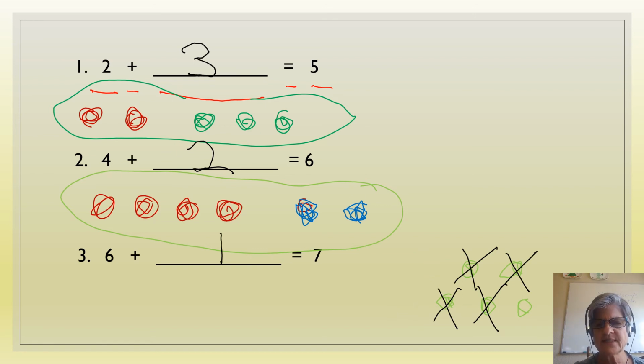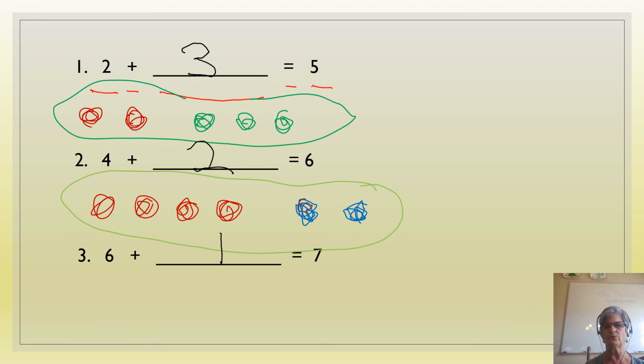And I'm going to erase those on the sides so that won't confuse you. Now, I want to see if that story is true, if 1 is the number I wanted. So I'm starting with 6.